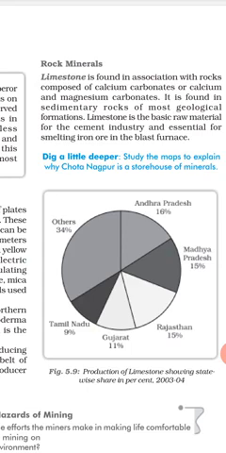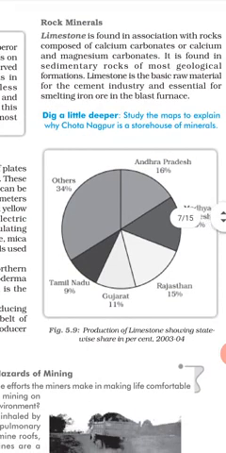From these rocks limestone is extracted. It is found in sedimentary rocks. Limestone is the basic raw material for the cement industry, and it is essential, meaning necessary, for smelting iron ore in the blast furnace. Smelting iron ore means taking the metal out.